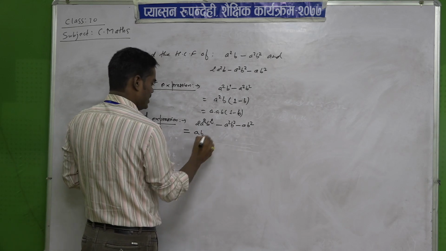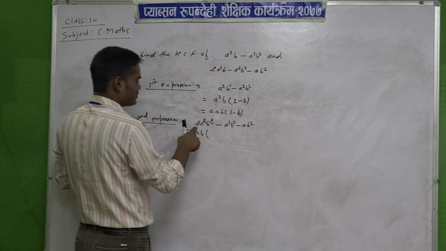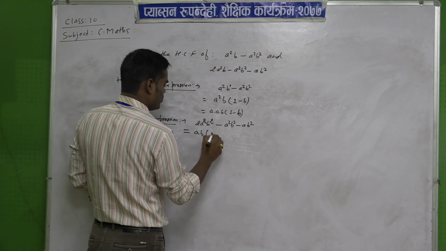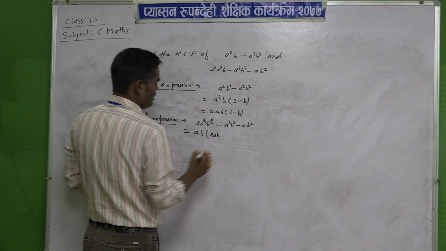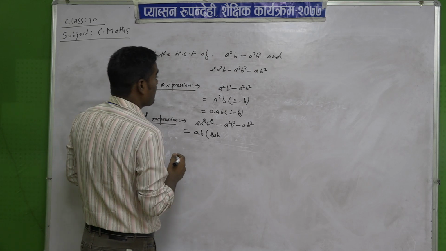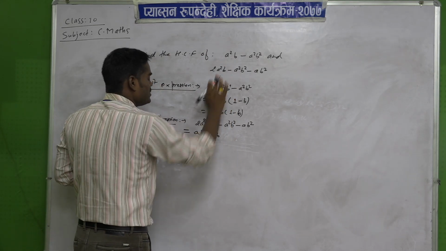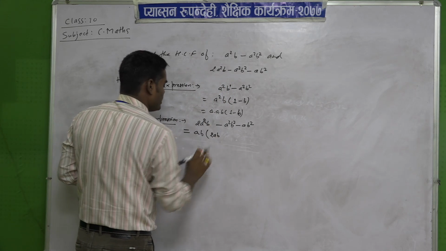And then b square. What is common here? B is common. How much is left inside the bracket? Sorry, I made a mistake. Here it is only b, here it is b square. Sorry, my dear students.